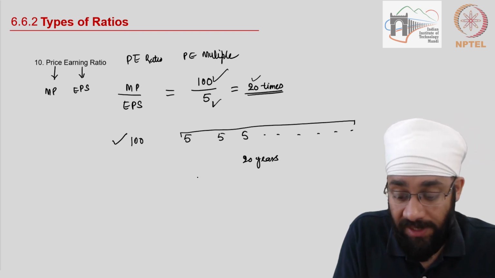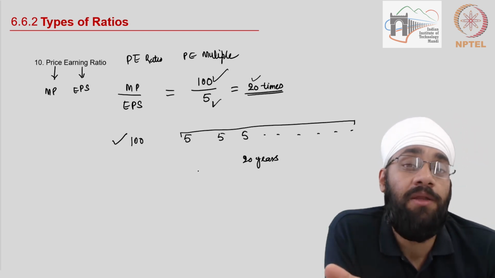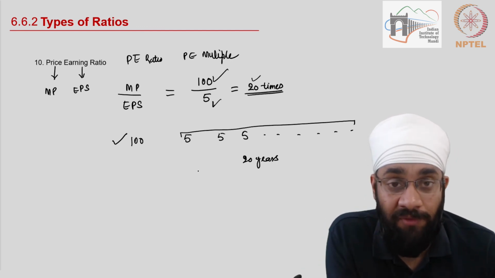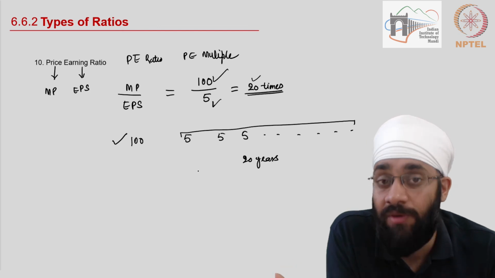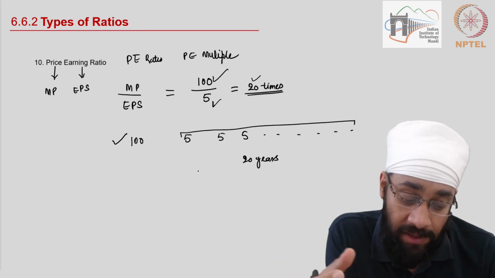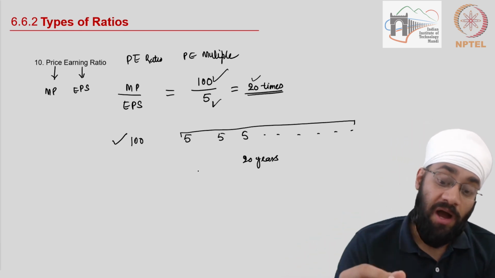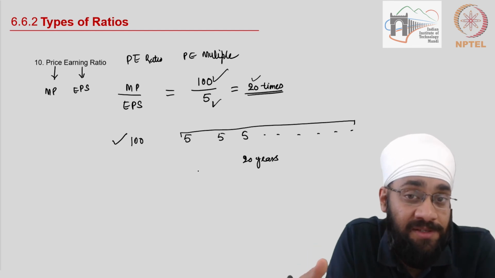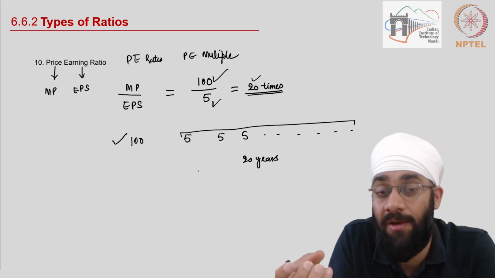So this means that you have faith in the company, that the company is going to exist for at least this long if you have to recover this money. That's one way of looking at the PE ratio, the price earning multiple. The higher the ratio, the more faith the investors have in the existence of the company.